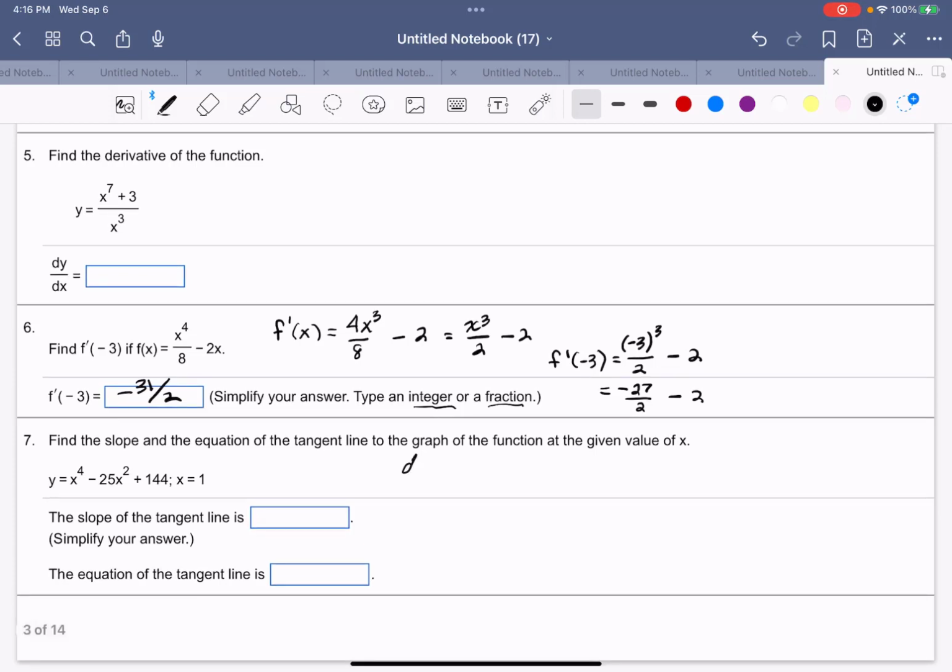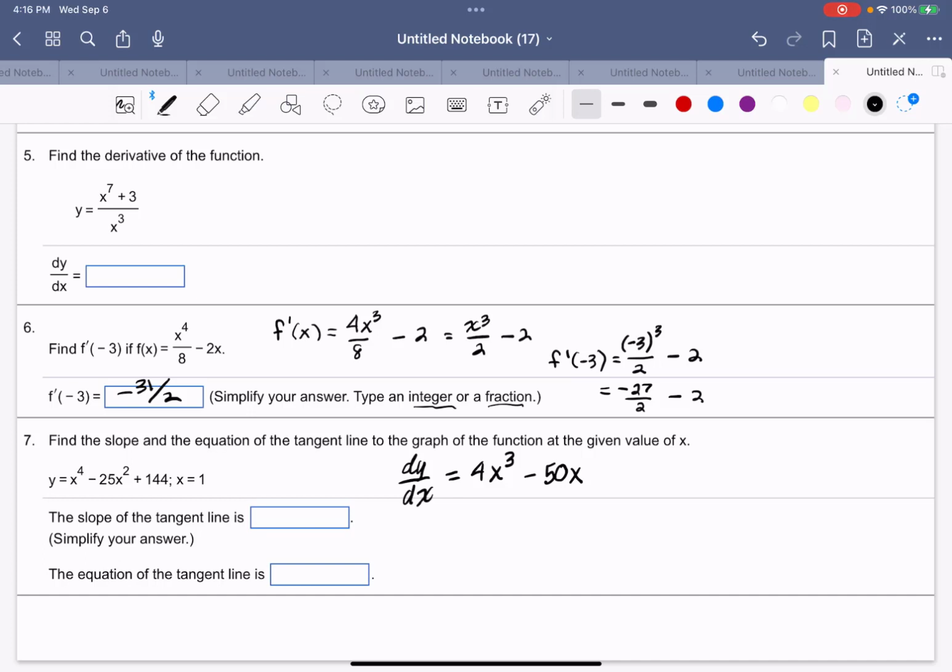So I'll write it dy dx, you could write y prime, same thing, equals power 4 base x to the 4 minus 1, that's a 3, minus power 2 times 25, 50, x to the 2 minus 1, which is 1, and of course the derivative of the constant 144 is 0.